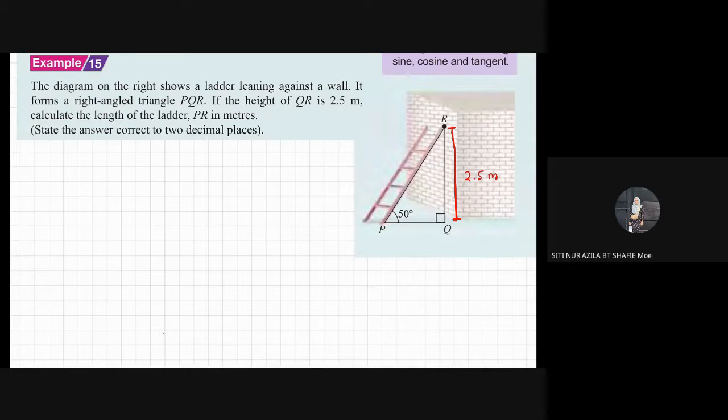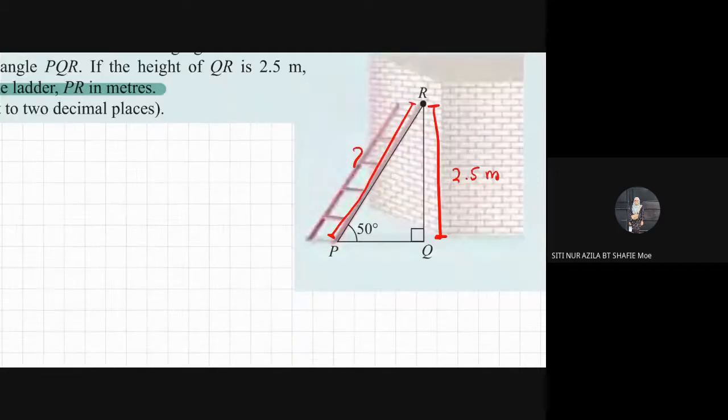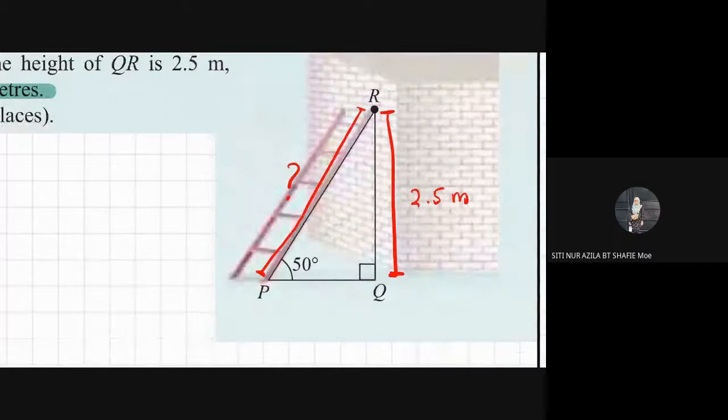Okay, so now the question asks the length of the ladder PR in meters. So as you can see here, PR here is the hypotenuse. Okay, the hypotenuse. So I'm going to mark this as H. We have a 50-degree angle.